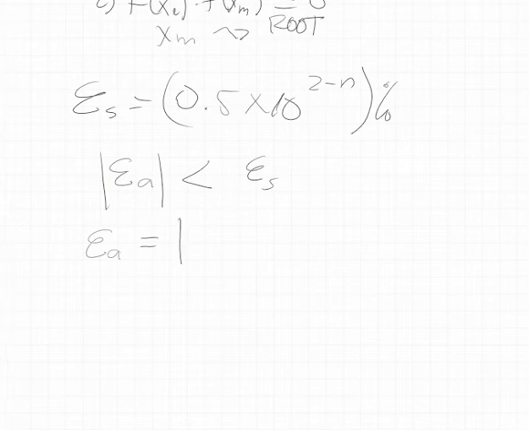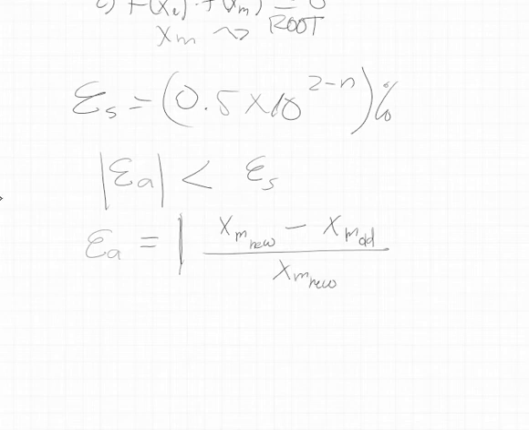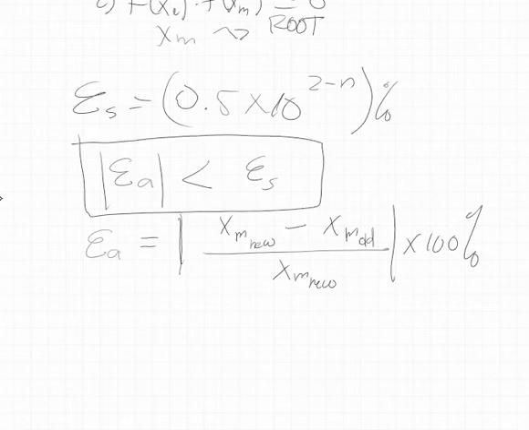So this will be equal to absolute value of xm, the new xm, the recent, minus the previous one, xm old, all over xm new, and times 100%. So this will be our approximate error. So whenever this value is less than the pre-specified stopping criterion, then we can now stop the iteration. So let's try to solve some example.